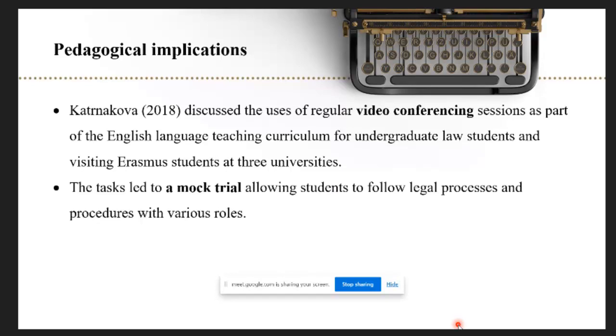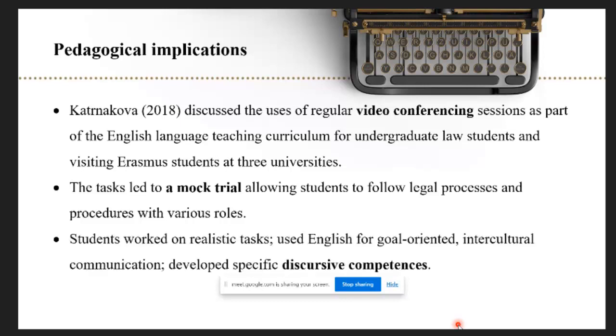It means that they can put themselves in the shoes of different perspectives, like the witness, the defendants, the jury, litigants in person. So by working with realistic tasks, which are closely related to their expertise and employability, they can also use English to communicate effectively and at the same time develop their discursive competence.